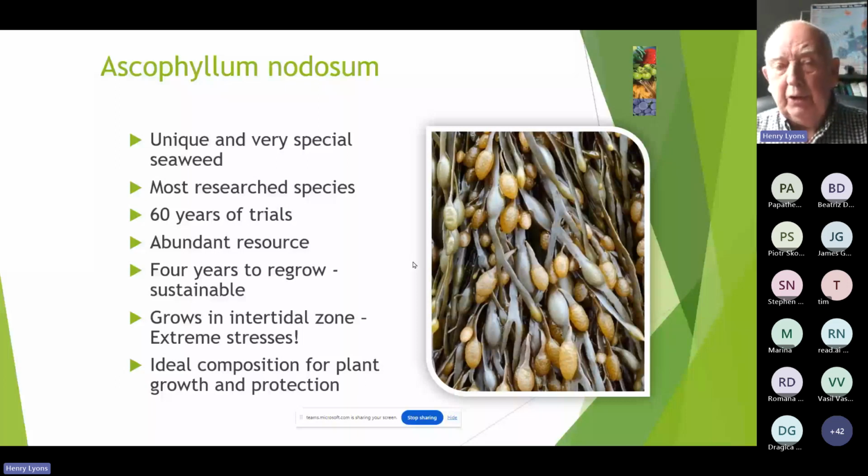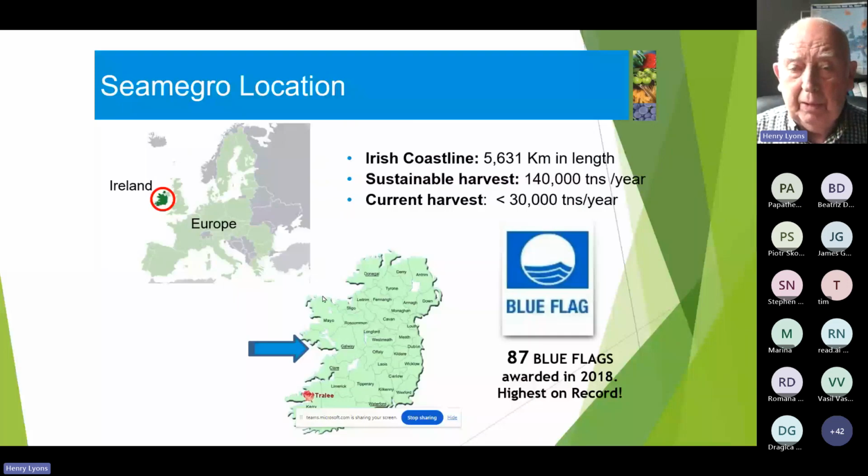It has been highly researched over the past 60 years in the UK, Norway, Canada, Australia, and the USA. It grows in very extreme conditions, which I will show in a moment. There's the location where SeaMeGro is harvested and processed along the west coast of Ireland.